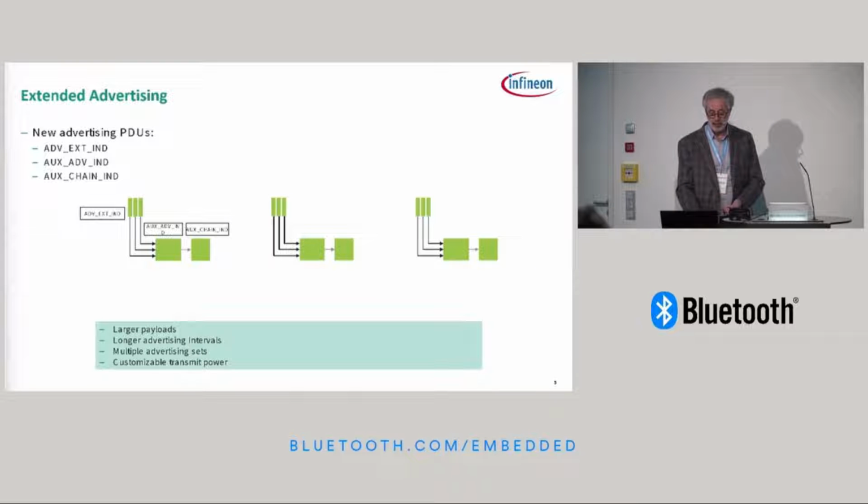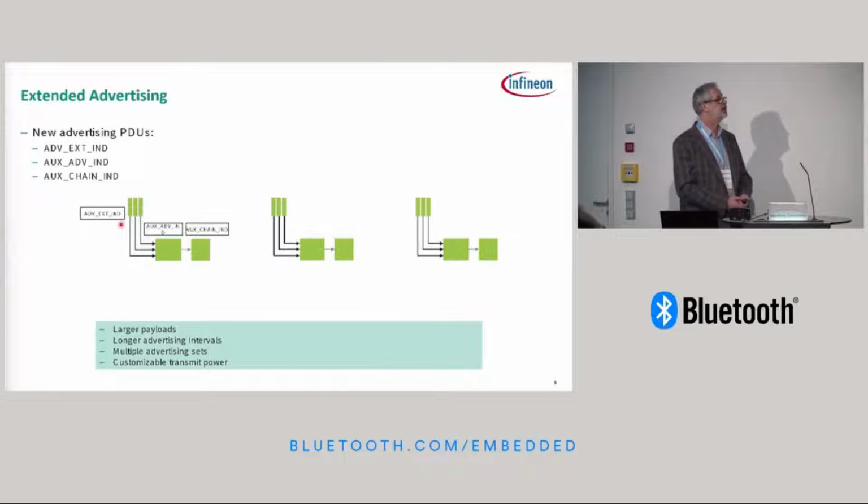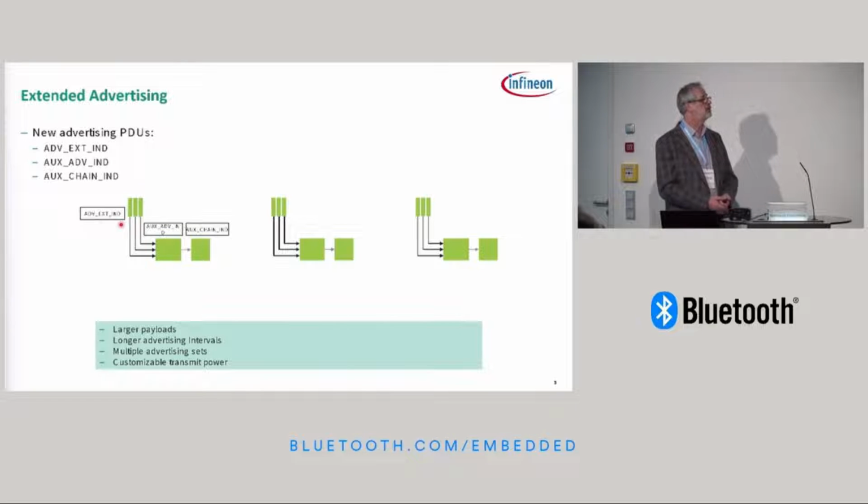Over the advertising channel, they still send the triplet. And that means the scanner could find it, but inside of the advertising packet, there is not too much information.